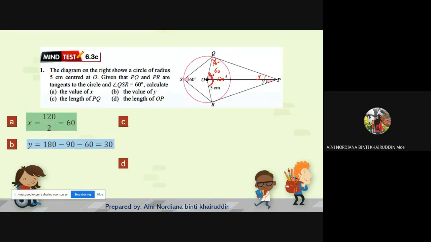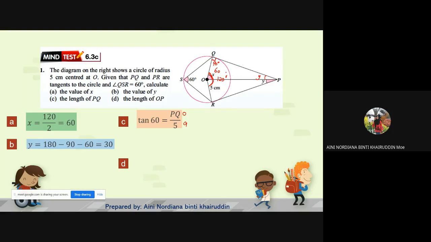So you use triangle QOP. You want to calculate the length of PQ, then you can use tangent. Tangent 60 degree equals to, tangent is TOA. So opposite of 60 degree is PQ.